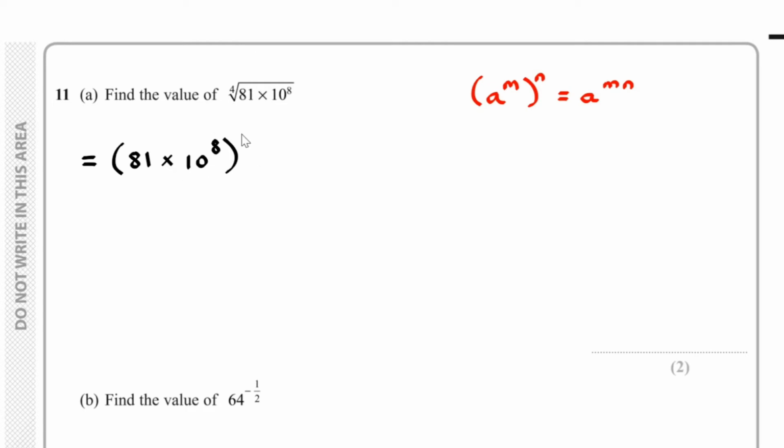Raising something to the power of a quarter is the same as taking the fourth root. And then each bit inside the bracket is raised to the power of a quarter.